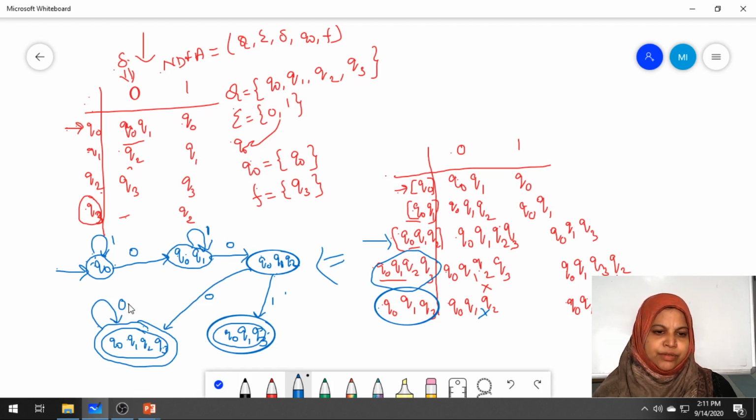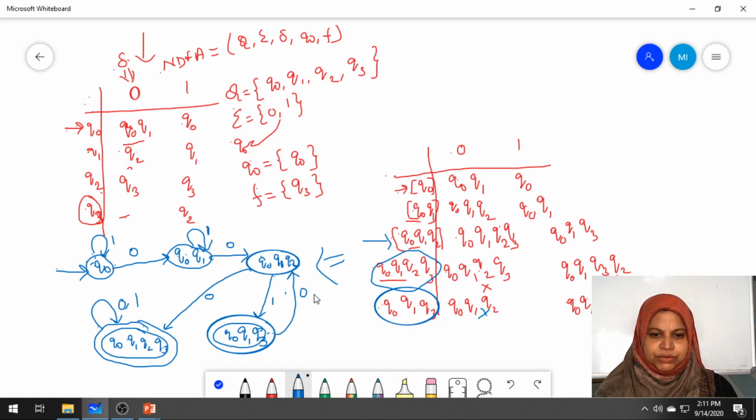So 0, comma 1, right. Here transition is completed, Q naught Q1 Q2 Q3 is completed. Now go for the Q naught Q1 Q3. Q naught Q1 Q3 on 0, Q naught Q1 Q2. Q naught Q1 Q3 on 1, Q naught Q1 Q2, same.